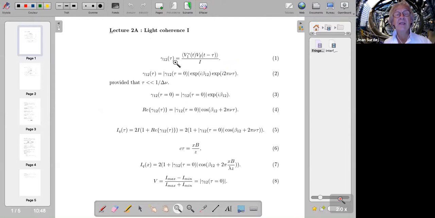So the first expression of the complex degree of mutual coherence, as I said, is the time average of these two products divided by I, which is the intensity given by one of the two apertures.